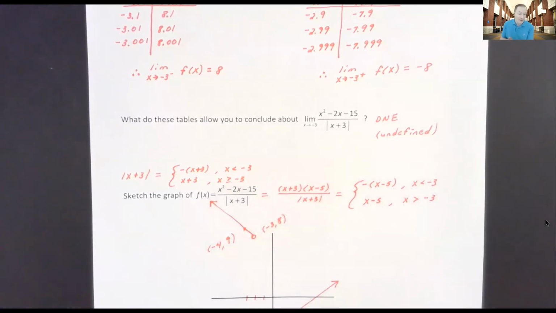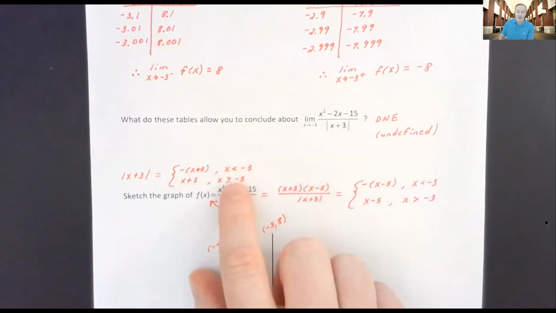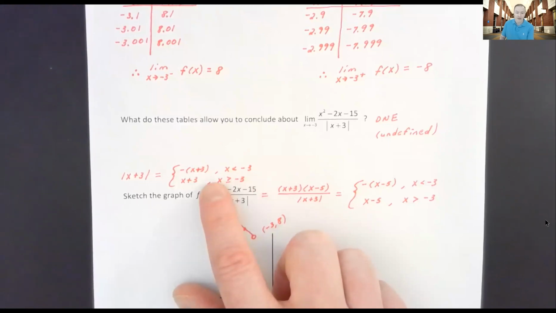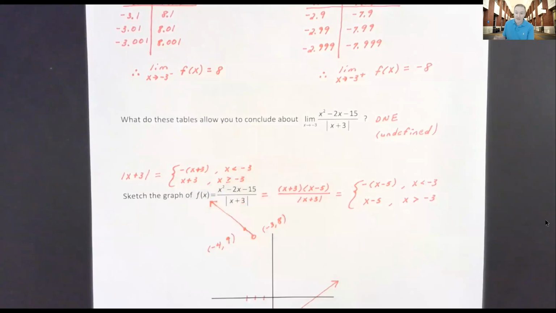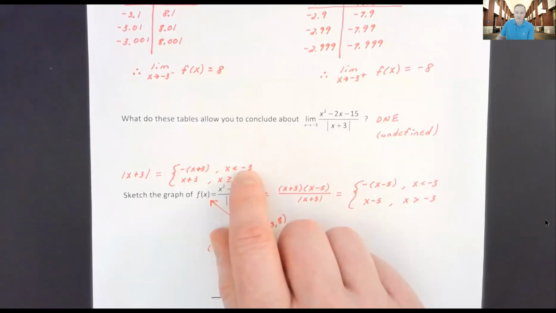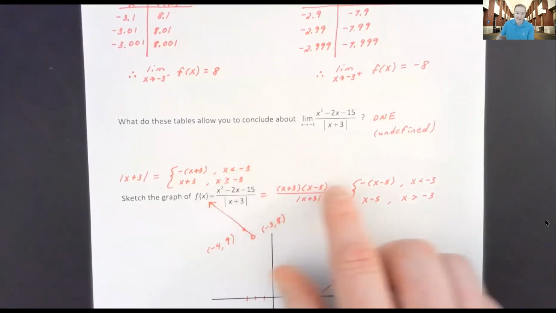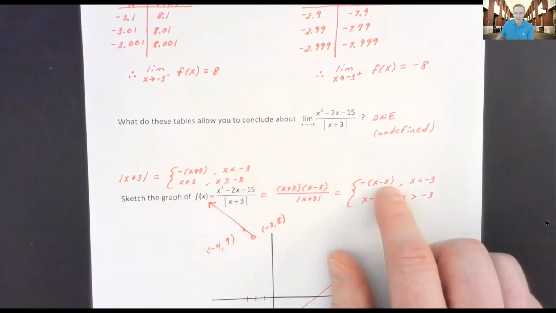But now remember, it only completely cancels if x is greater than negative 3, because then it's x plus 3 over x plus 3. But what if the denominator had to change the sign of the group x plus 3 because x was a number to the left of negative 3? That just means that this rational function ends up being a piecewise defined function.